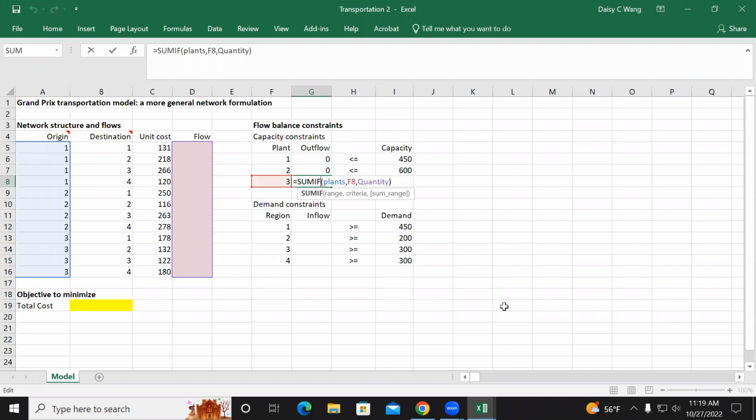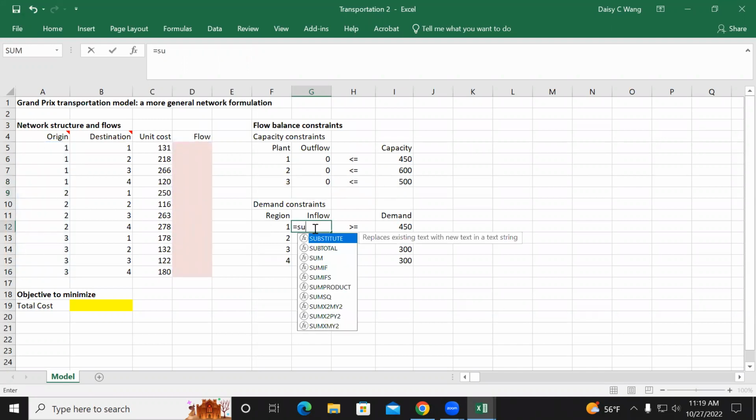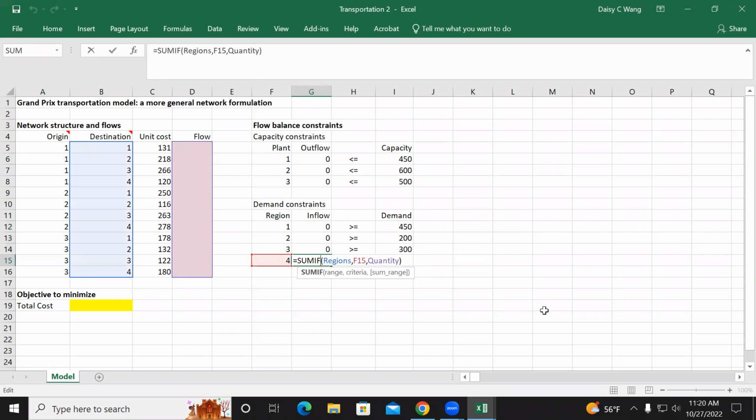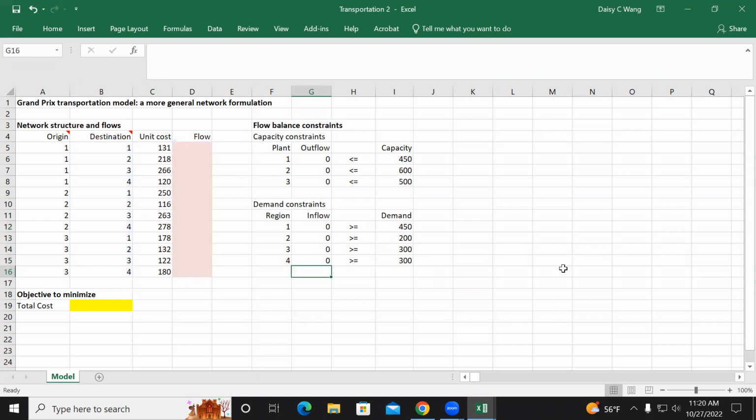So actually, you were here. Okay, let me do mine. SUMIF. So what do you do in the total cost? Put in total cost, run the model on your own, and then go back to look at transportation 1 and see if you get the same answer. You are supposed to, at least in total cost, get the same answer.